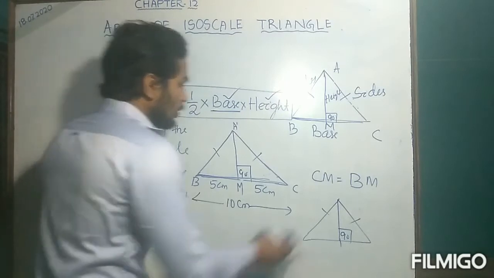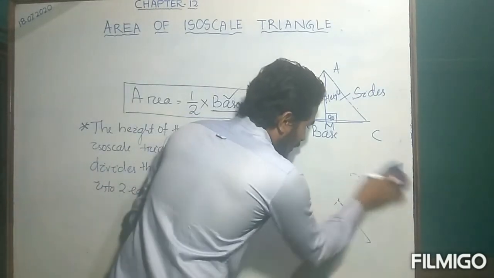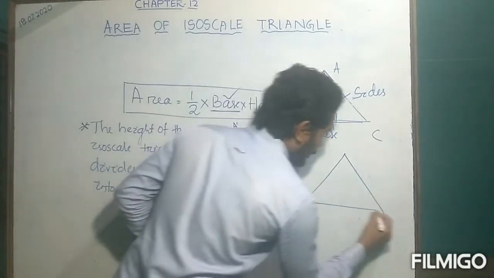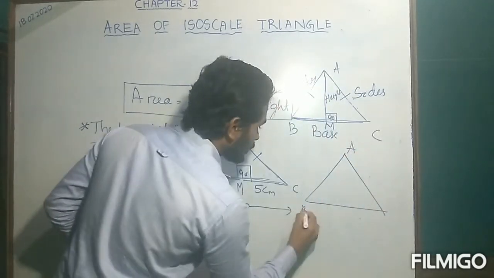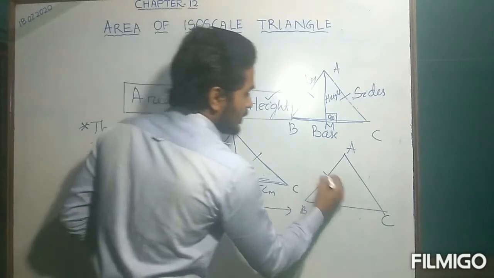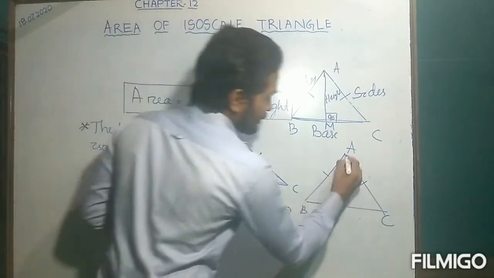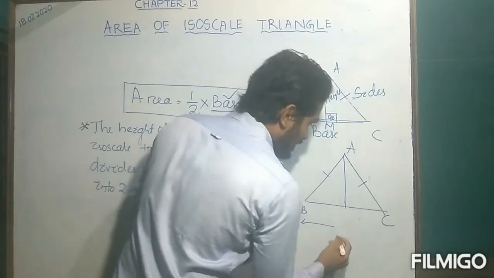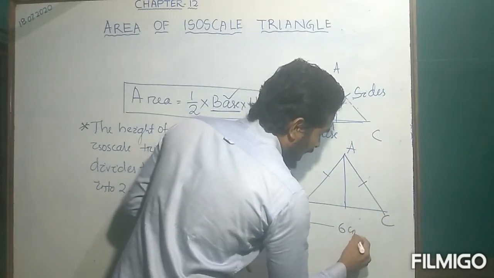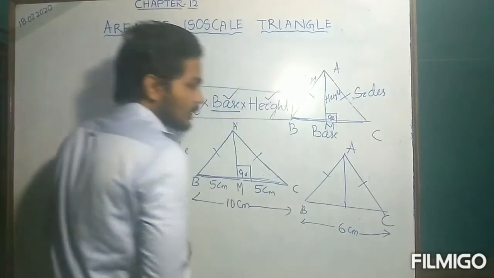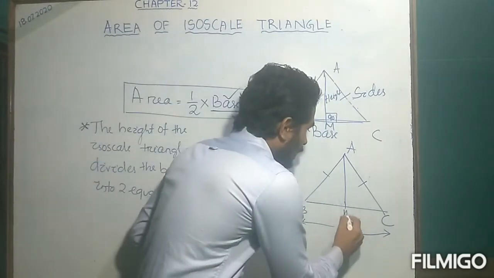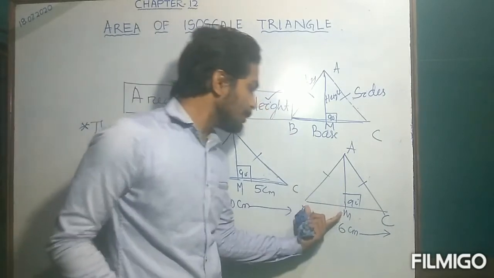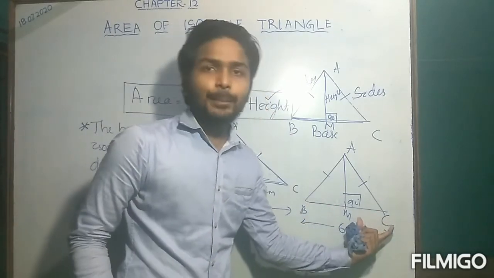Okay. So now I am drawing one more diagram here. If this is an isosceles triangle, and this distance BC is 6 cm, and AM is the perpendicular height, then what is the value of BM and CM?